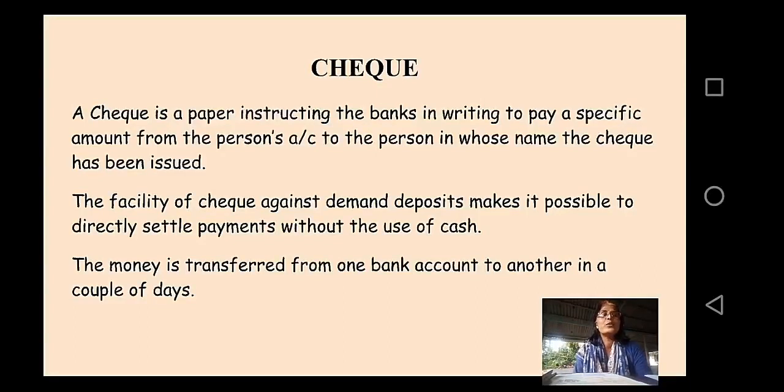A check is a paper that is instructing the bank in writing to pay a specific amount from the person's account to the person in whose name the check has been issued. See the words, in writing to pay. You know that any oral contract is invalid.